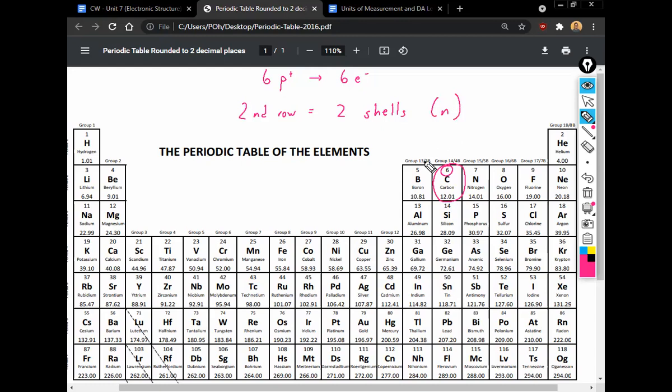Depending on which row an element is in, that tells you how many shells it has. There are some exceptions, namely these guys right here in the middle, and we'll talk about them in our next example. But typically, the number of rows tells you how many shells it has. So 6 electrons and 2 shells.